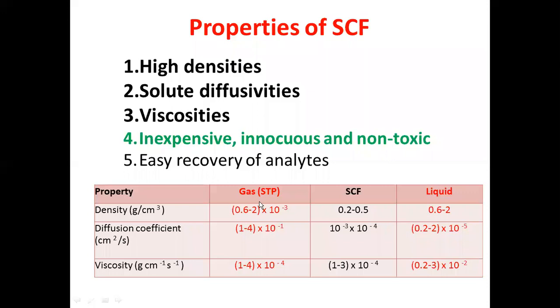If you consider gaseous species at standard temperature and pressure, it is 0.6 into 10 power minus 3 to 2 into 10 power minus 3, whereas for liquids, 0.6 to 2. So this is going to be the intermediate value between these. Gases have lower density, liquids have higher density, but the supercritical fluids have intermediate, larger densities, we can say.